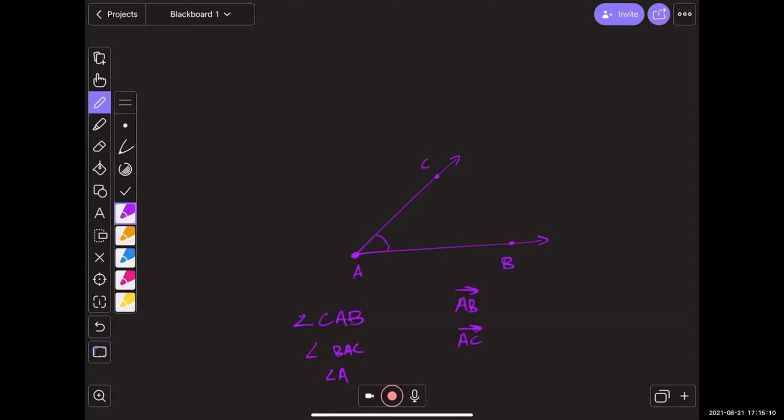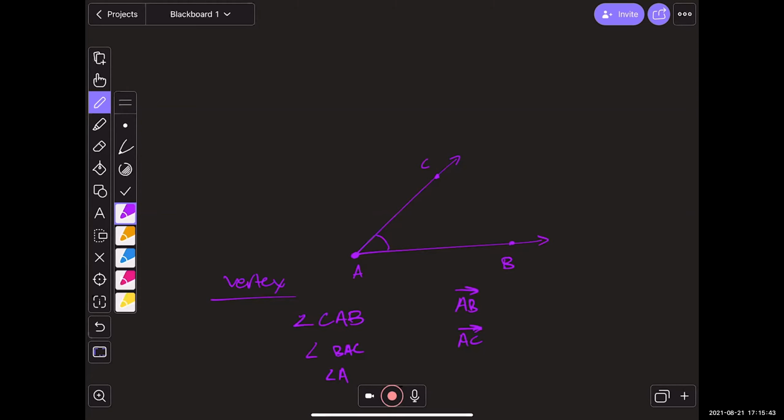But what you may have noticed is that I always put A in the middle. Now, it's very important that you put this common origin in the middle of your naming for your angle, right? This common origin has a special name. We call it a vertex. Now, we put the vertex in the middle.